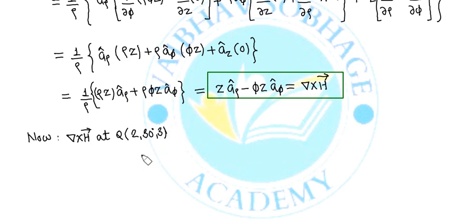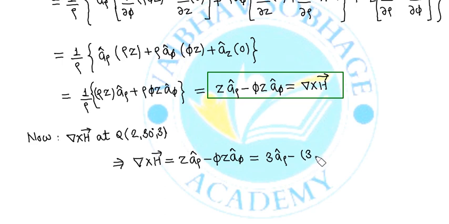Simply put the values of rho, phi and z in the equation that we have found. We have del cross H equal to z into a rho minus phi z a phi cap, and if you put the values over there, you will find 3 into a rho minus phi, which is 30, and z is again 3, a phi cap.